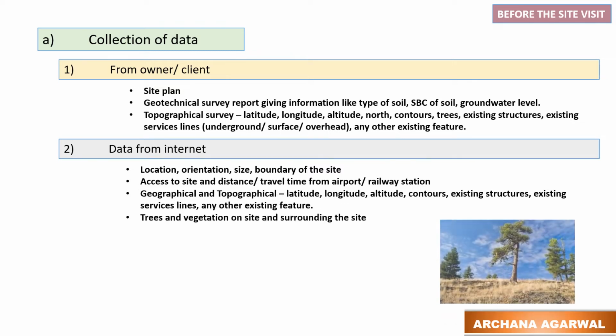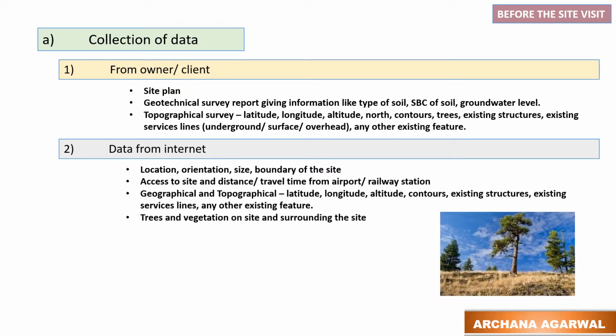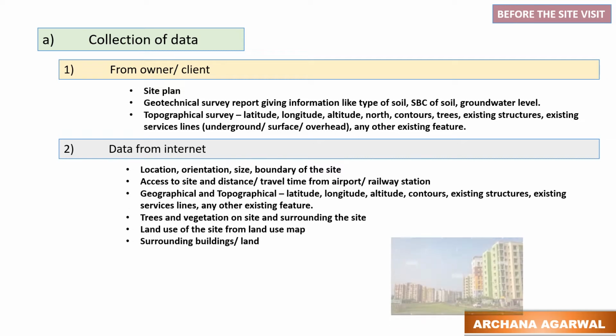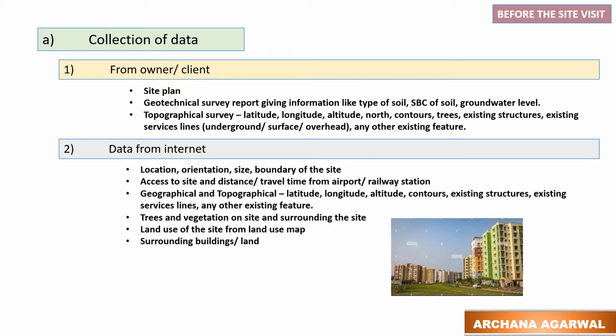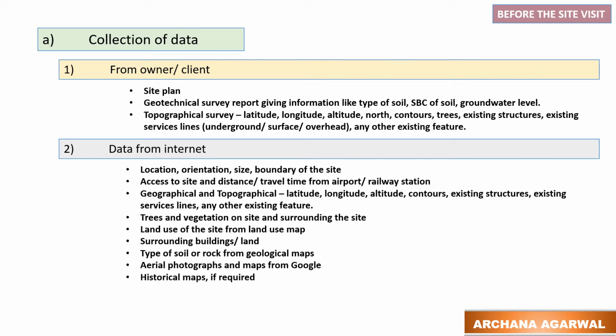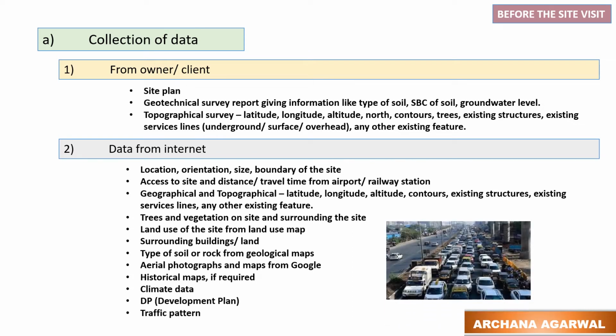trees and vegetation on site and surrounding the site, land use of the site from the land use map, data regarding the surrounding land or the buildings in the vicinity, type of soil from the geological maps, aerial photographs and maps from Google, historical maps if required, climate data, the development plan, and traffic patterns.